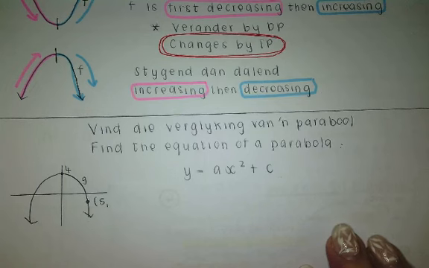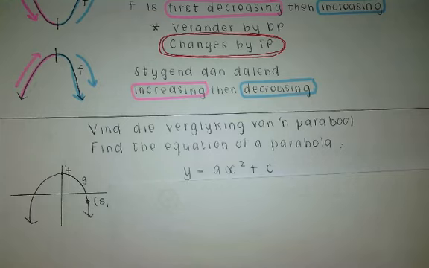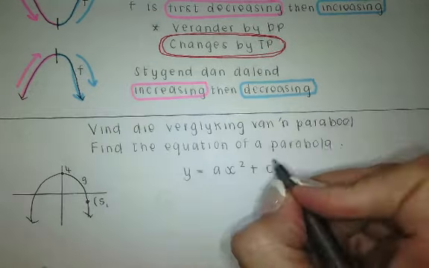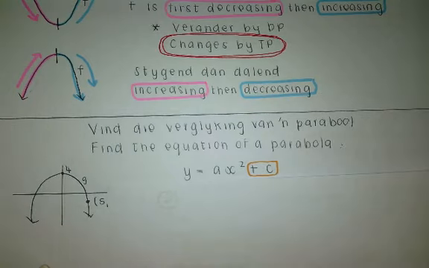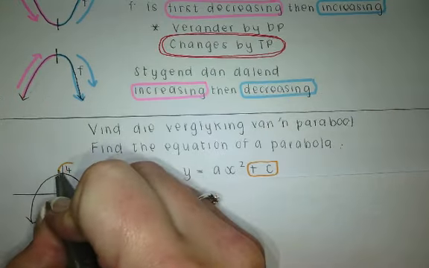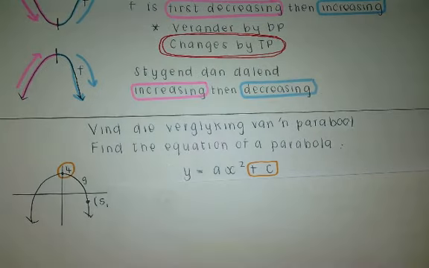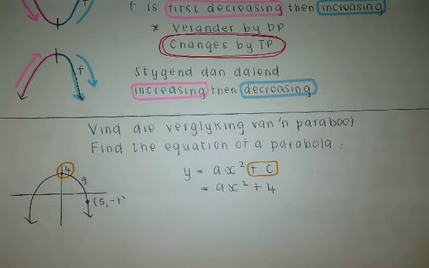What can you substitute straight in without even doing any calculations? They give us c, which is our turning point, slash y-intercept, slash max or min. Can we see it's 4? So straight off the bat, we're going to substitute 4 for c.